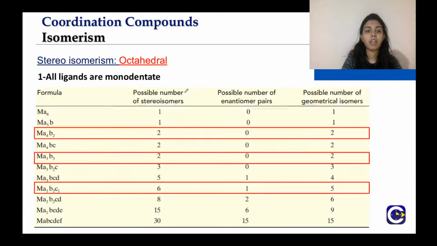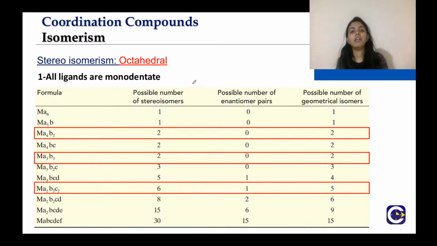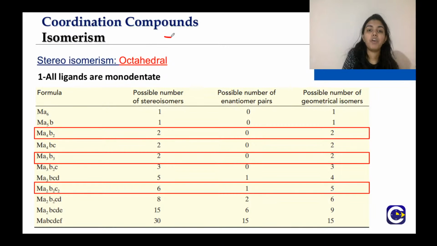Good. Now see, I have explained all the important complexes which you need to learn from your exam point of view, right? For which you need to learn the geometrical and the optical isomers. Because there are many complexes that are possible, right?